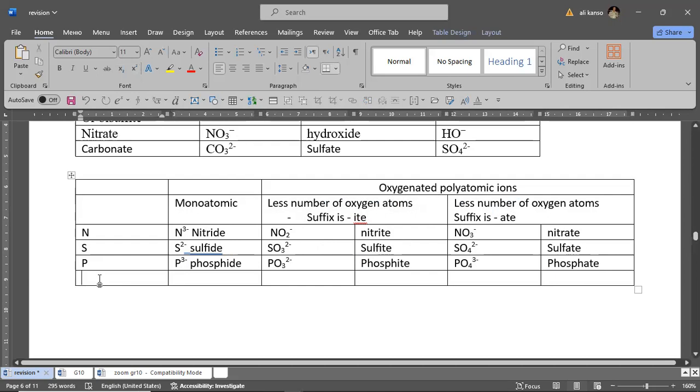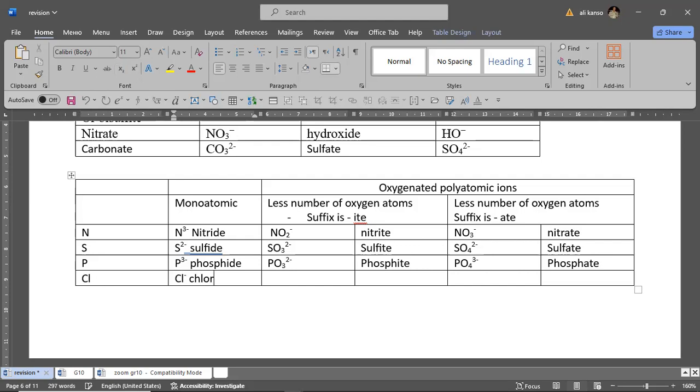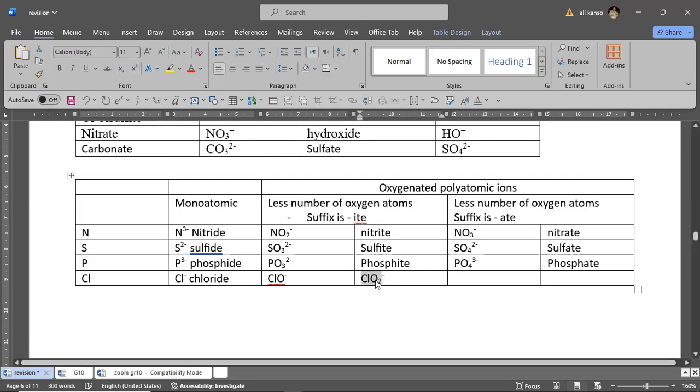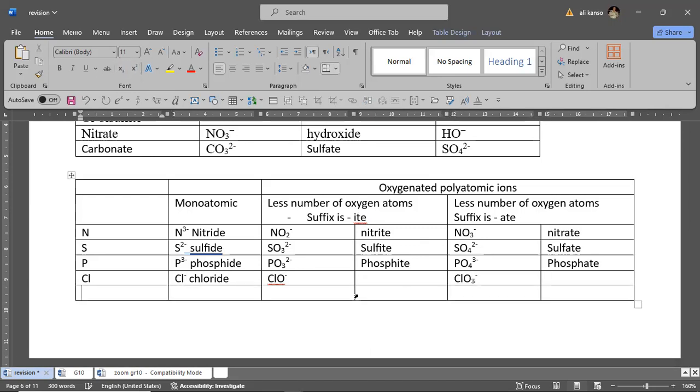Cl minus, chloride. ClO minus, ClO2 minus, no, ClO3 minus, similarly ClO2 minus, ClO4 minus.